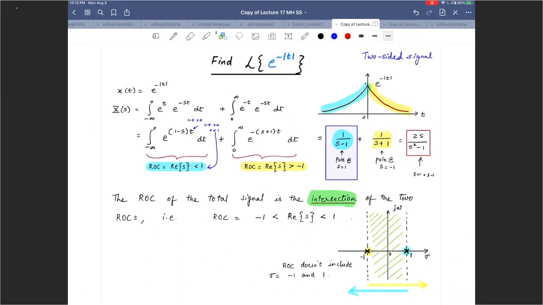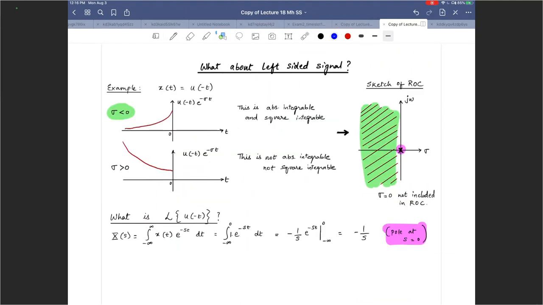All right, let's take a look. Let me take a look at this in a little bit more detail and clarify.